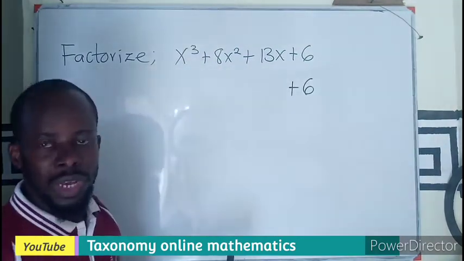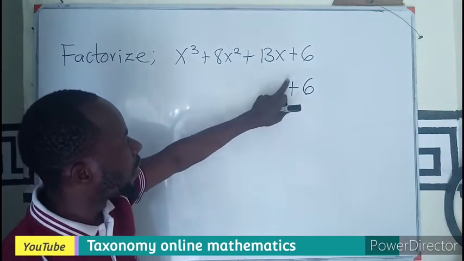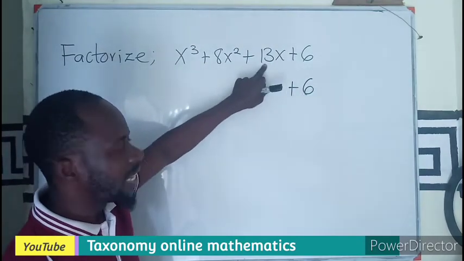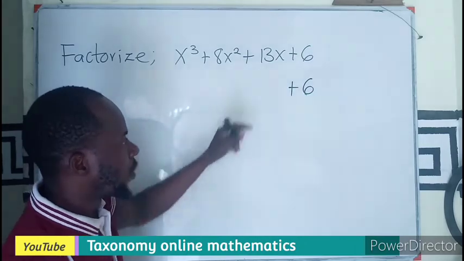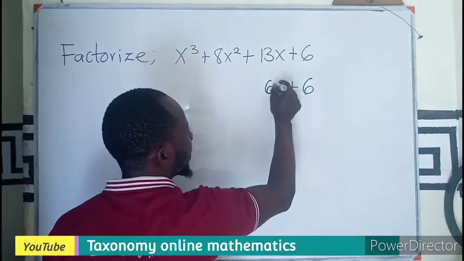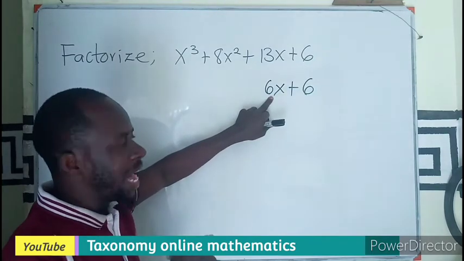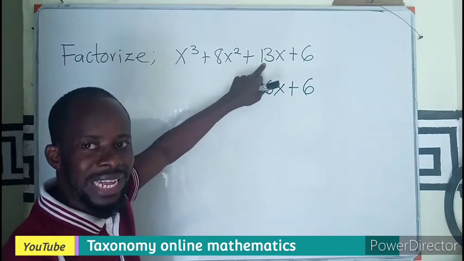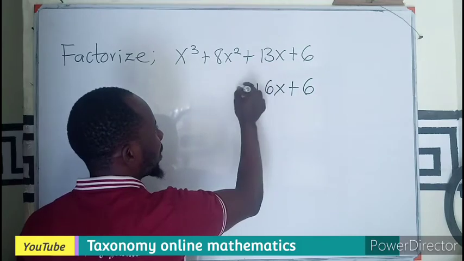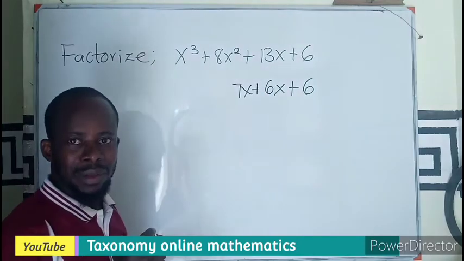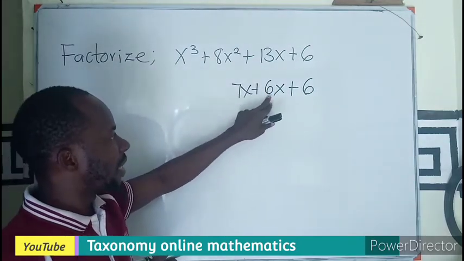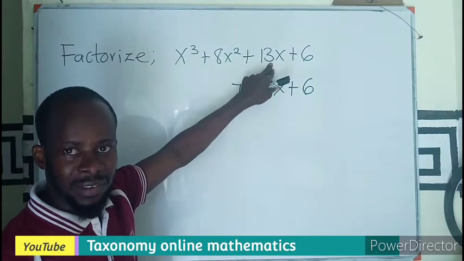So what I'm going to do is look out for a value of 6 inside 13. So I'll be having 6x. I need a number that will be added to 6 to give me 13. That will be 7x, meaning 7x plus 6x gives you your 13x.